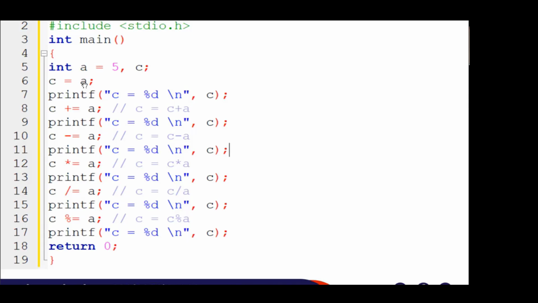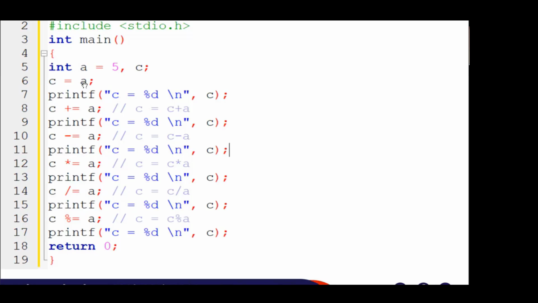And then in line 12, because c in line 10 is 5, if we multiply it by a, we would get 25. Then in line 14, because c is 25 in line 12, if it is divided by a, which is 5, we would get the current value of c to be 5.